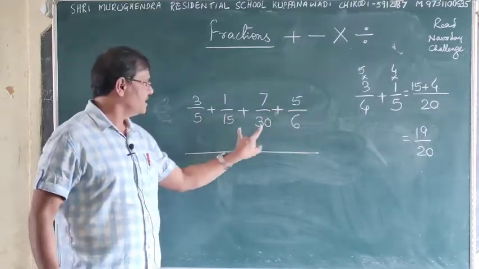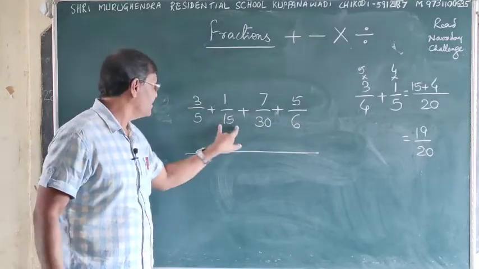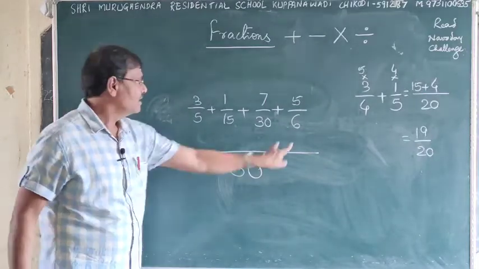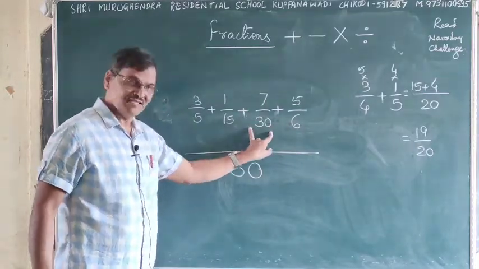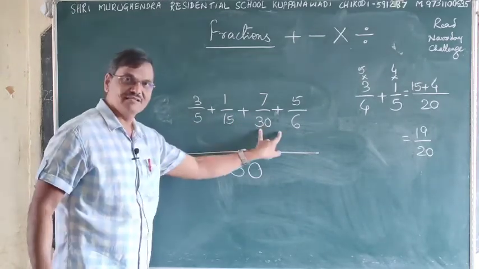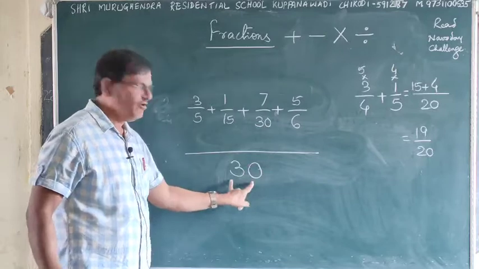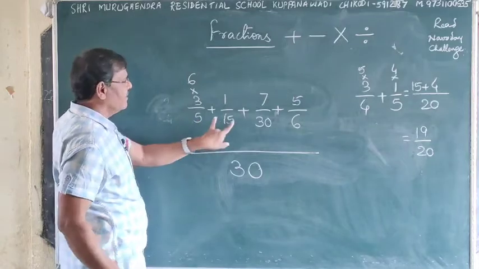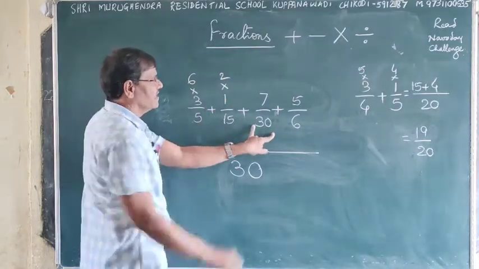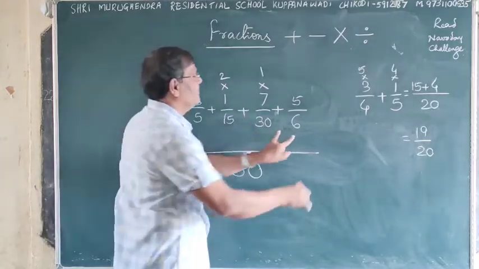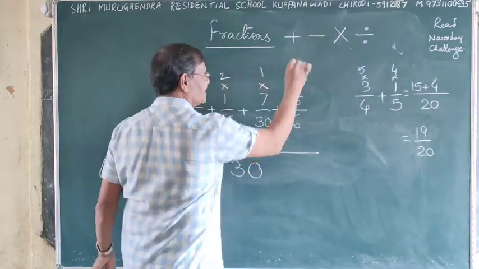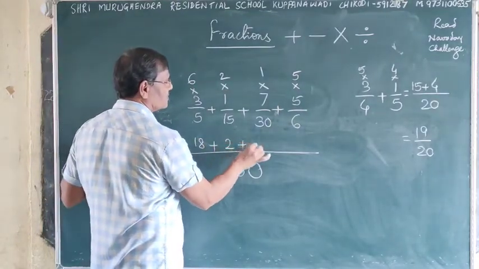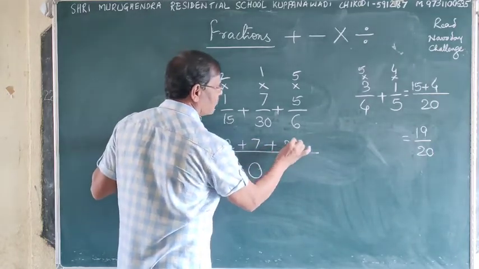Among the given numbers, if the bigger number is a multiple of the remaining numbers, then that is the LCM. 6 5s are 30, 30 1s are 30, 15 2s are 30, 5 6s are 30. Okay, 30 is the LCM. So 6 3s are 18, plus 2 1s are 2, plus 7 1s are 7, plus 5 5s are 25.